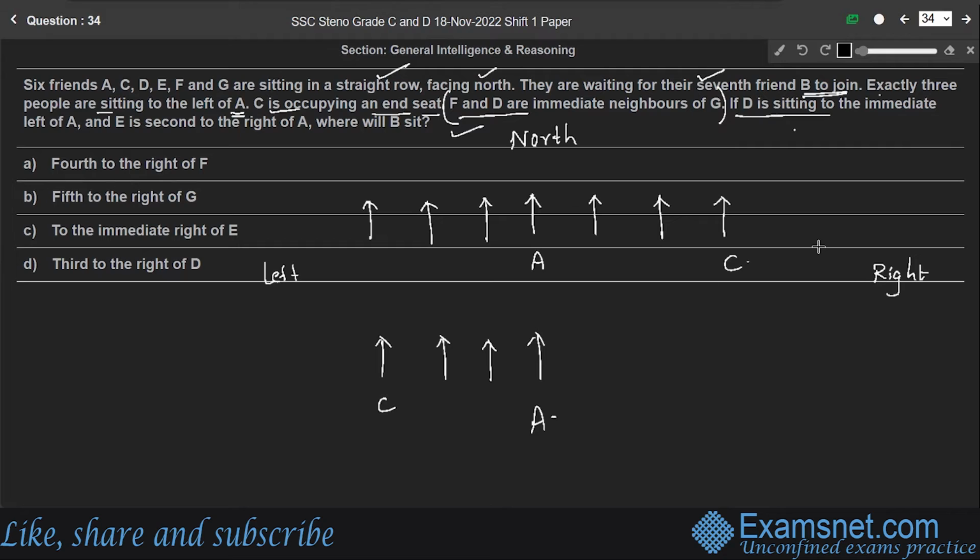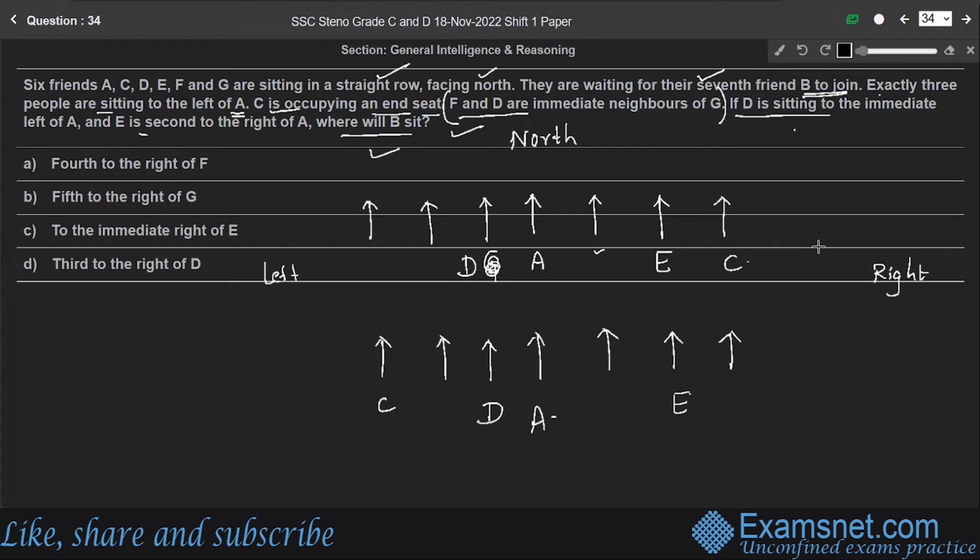If D is sitting to the immediate left of A, and E is second to the right of A. In the second case also, we have 3 more people who can accommodate to the right of A. D is sitting to the immediate left of A, and E is second to the right of A.